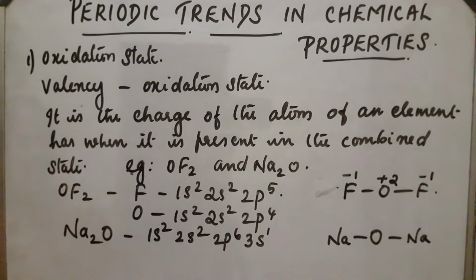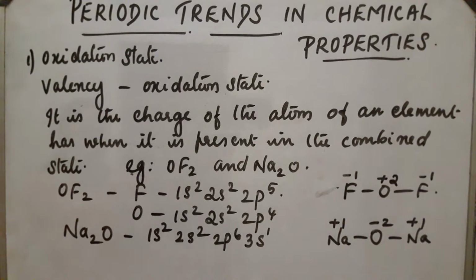Here we know oxygen is more electronegative and sodium is electropositive. So oxygen shares two electrons with the two sodium atoms and gets -2 charge, and each sodium shares one electron with the oxygen and gets +1 charge. Like this we can explain the different oxidation states of elements in a chemical compound.